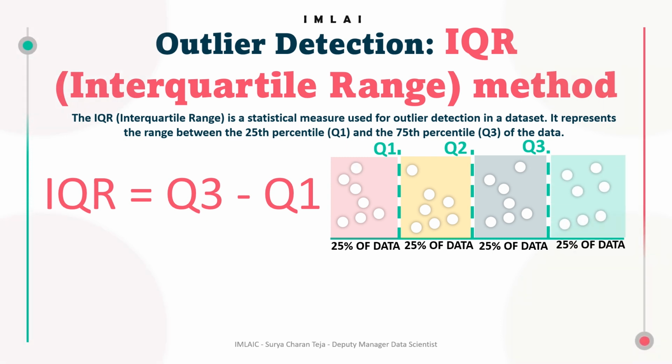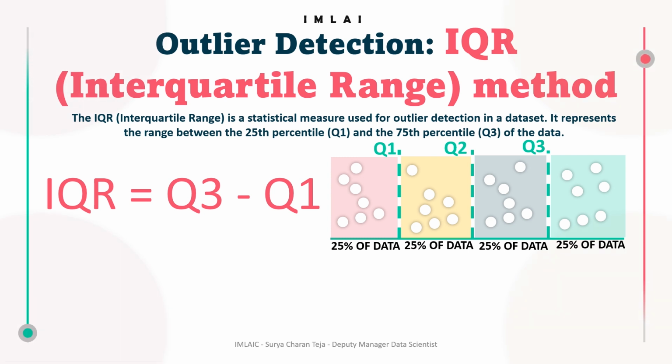So IQR represents the range between the 25th percentile, Q1, quartile 1, and the 75th percentile, Q3, of the whole data. Here when we say 25%, it's a frequency.